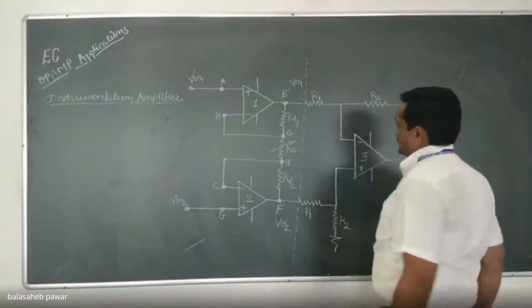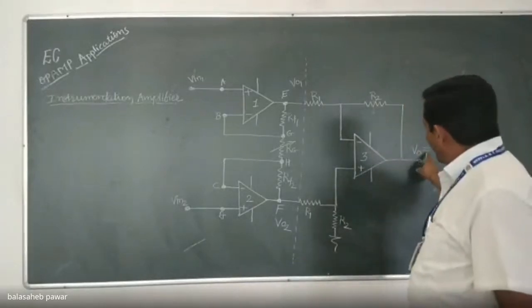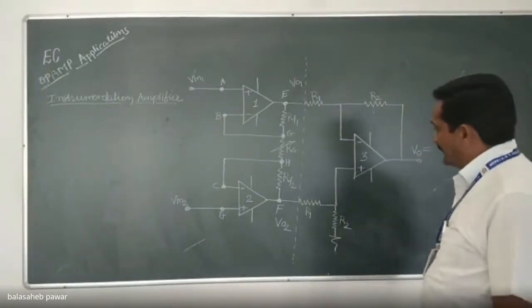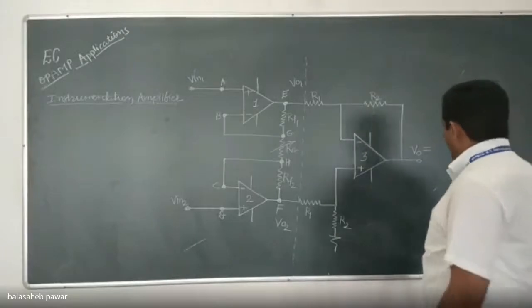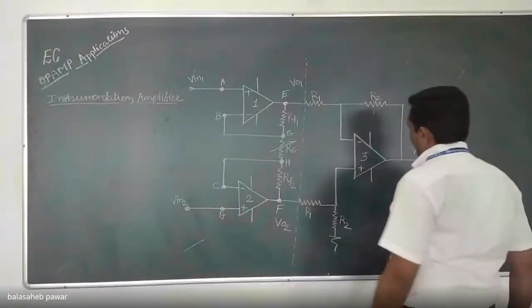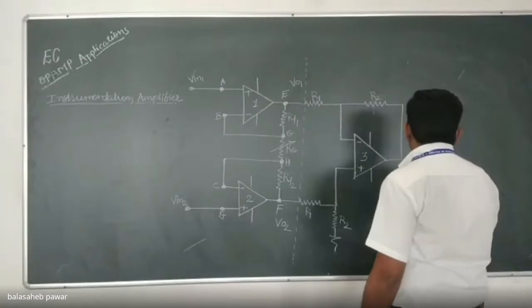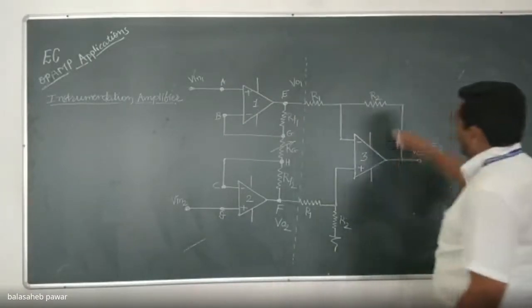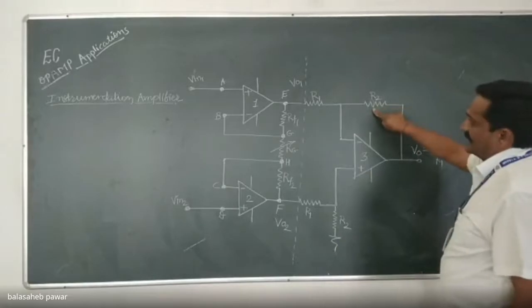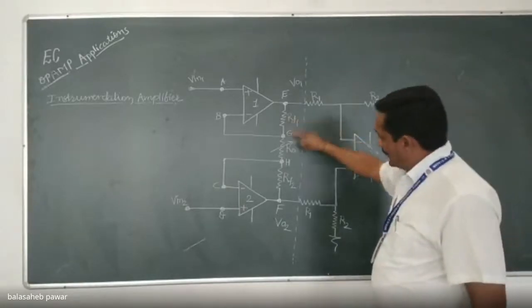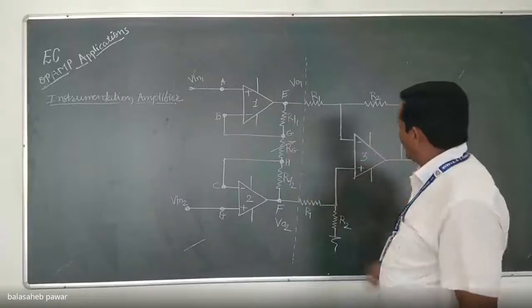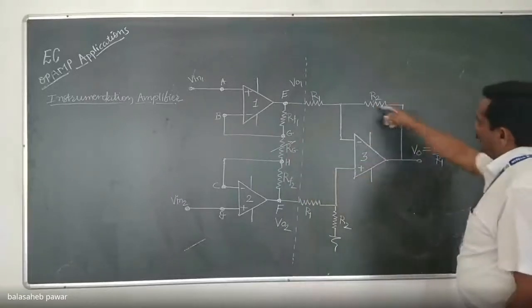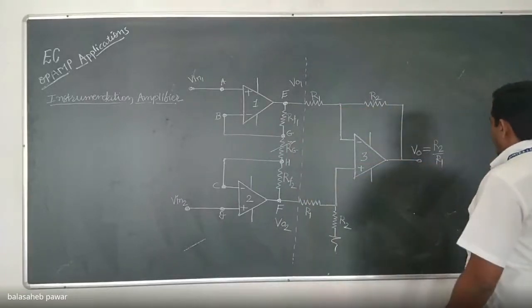Now, looking towards this difference amplifier, actually we are interested in this VO. So how much will be VO? Today morning we derived that equation. So for the difference amplifier, VO is equal to the feedback resistor divided by the input resistor. Here I mentioned that feedback resistor as R2 because RF1, RF2 are already mentioned over here.